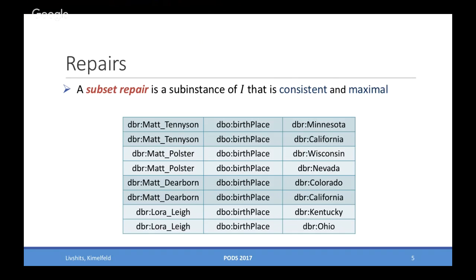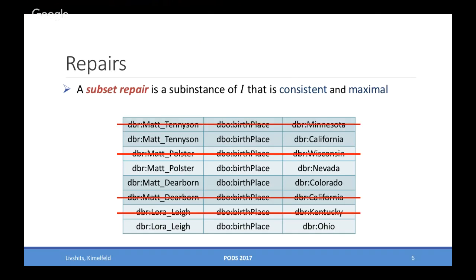We consider subset repairs. A subset repair is a sub-instance of the inconsistent one that is first of all consistent, and second, maximal. We cannot add any more facts without violating consistency. If we go back to our example, any repair of that inconsistent database will have just one birthplace for each person.